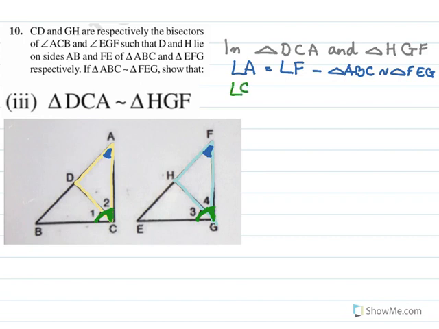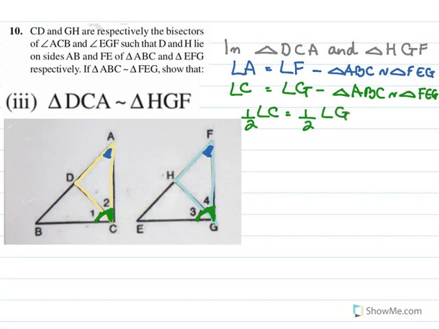Then next we have angle C equal to angle G. Here also the same reason, triangle ABC similar to triangle FEG. If C equals G, then half of angle C is half of angle G. Half of angle C is angle 2, half of G is angle 3.